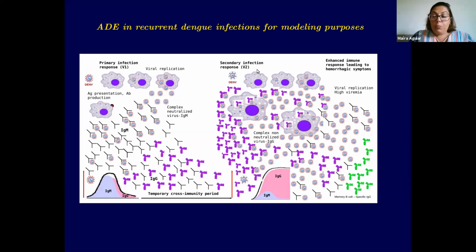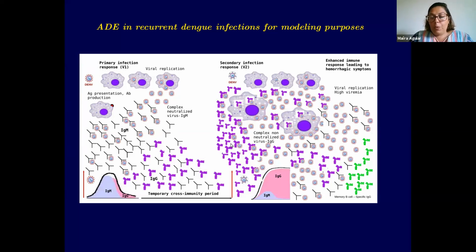Okay, but we are interested in knowing what happens when you get a secondary infection with a different serotype. Remember that I told you the dengue serotypes are antigenically very closely related. What happens is that the different dengue virus enters the cell, and instead of being recognized as a different virus and starting this process again, it is recognized as being the same virus.